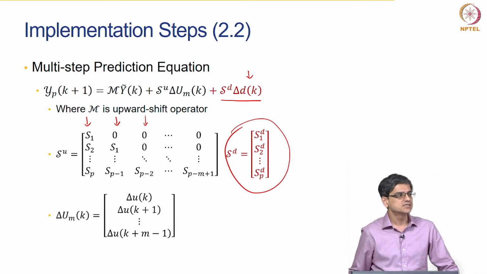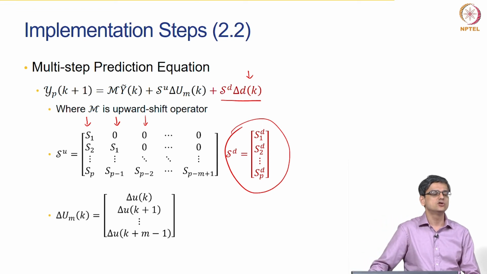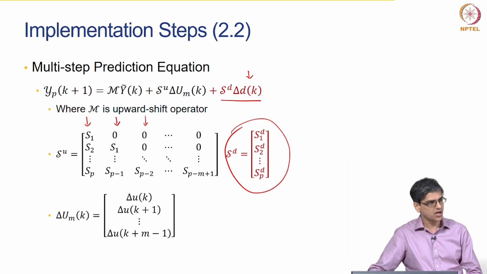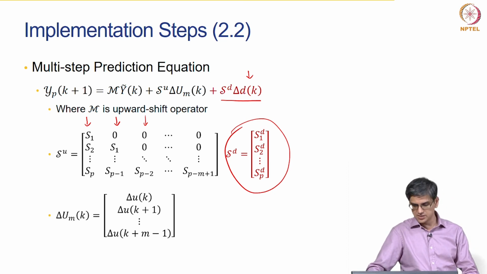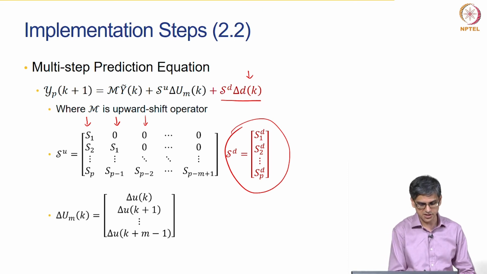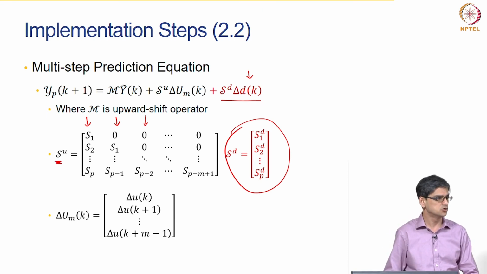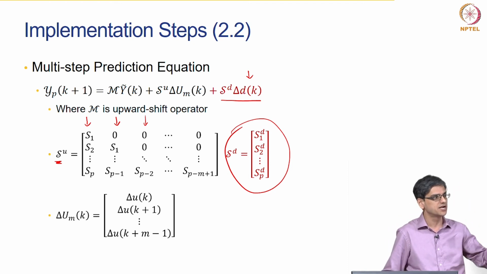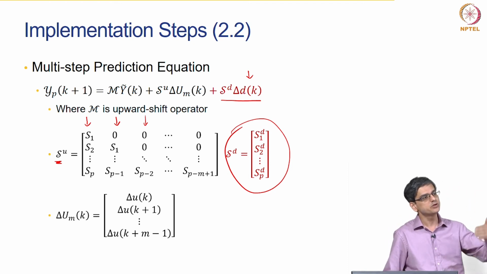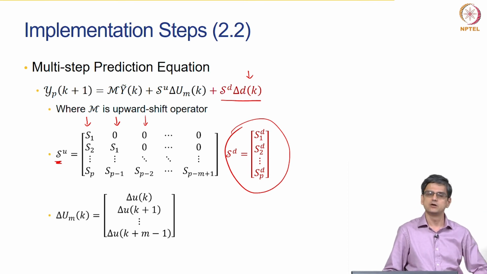Okay. Let us say you know that your disturbance is a ramp type disturbance, okay, uncommon, but it is possible. Then what you will have is the structure that you see similar to SU, but you will say delta dk plus 1 equal to delta dk, delta dk plus 2 equal to delta dk, delta dk plus 3 equal to delta dk. Okay.